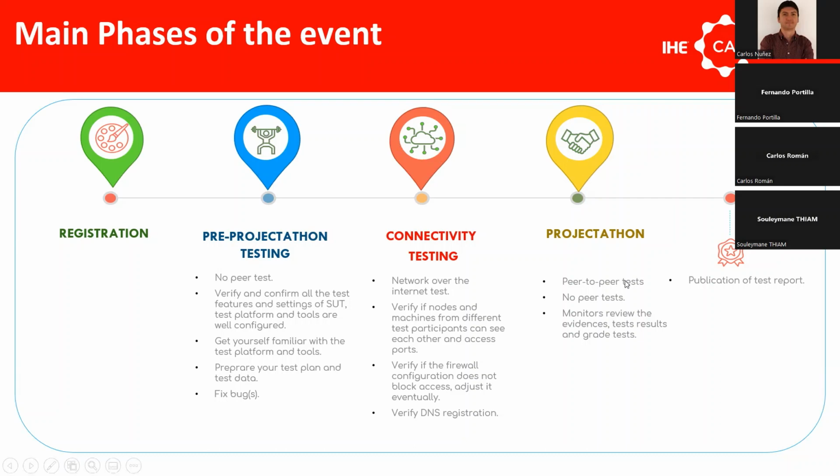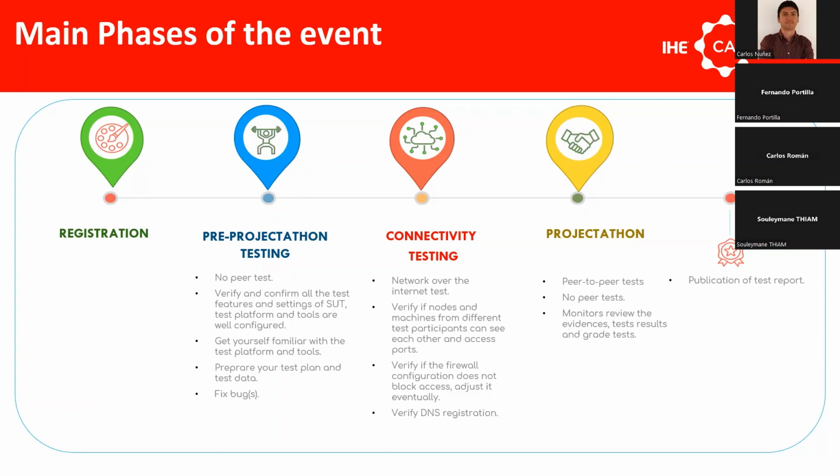So now, once you have performed your preparatory test, your connectivity, your pre-testing, and your registration is done, we will provide you another test plan in Gazelle. And this time, we will have the no-peer tests to execute, and the peer-to-peer tests, and for each peer-to-peer test, Gazelle will tell you which country is your possible partner.